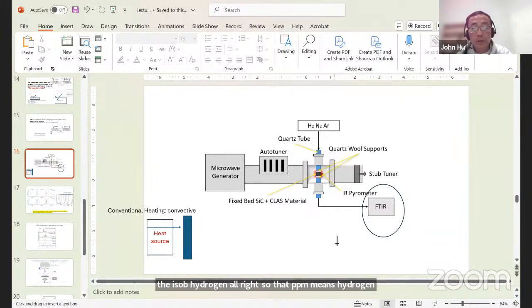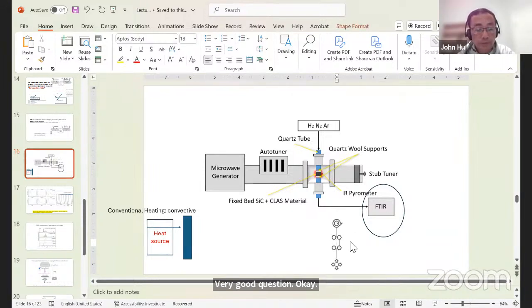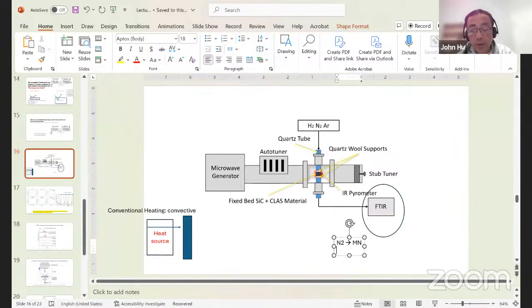So remember chemical looping: N2 becomes the metal nitride, all right? Then hydrogen comes in and reacts with the metal nitride.